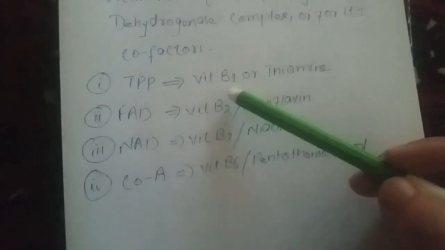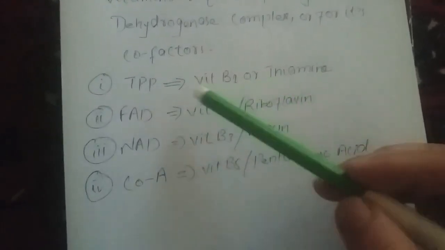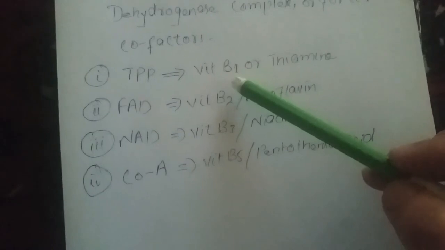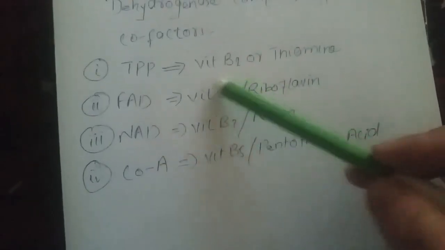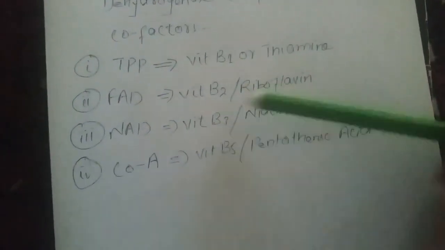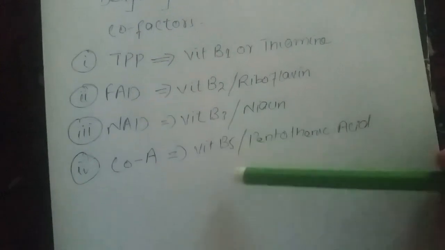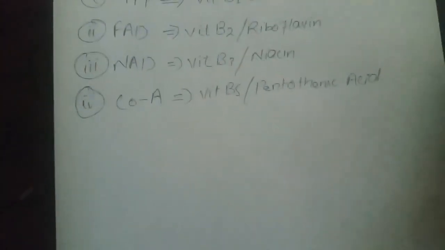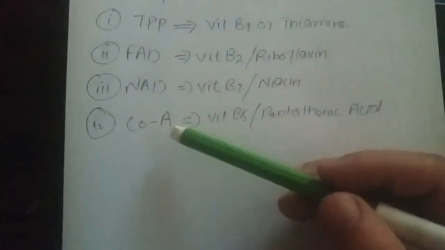Vitamin B1 or thiamine is required for the formation of thiamine pyrophosphate, a derivative of vitamin B1. Vitamin B2 or riboflavin is required for the formation of FAD, while vitamin B3 or niacin is required for the formation of NAD, while pantothenic acid or vitamin B5 is required for the formation of coenzyme A.